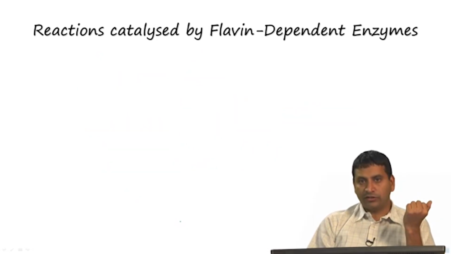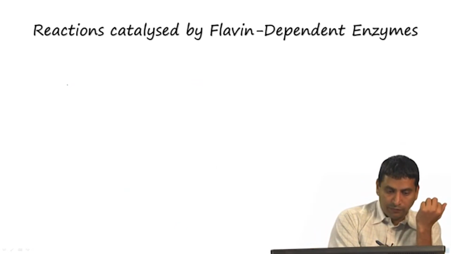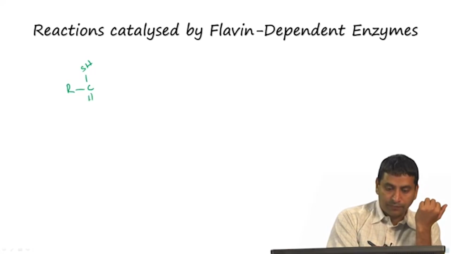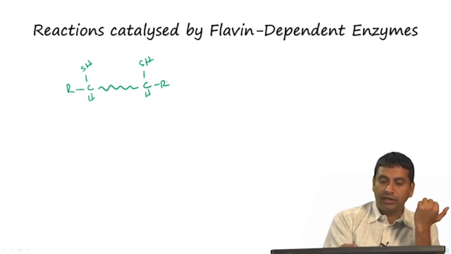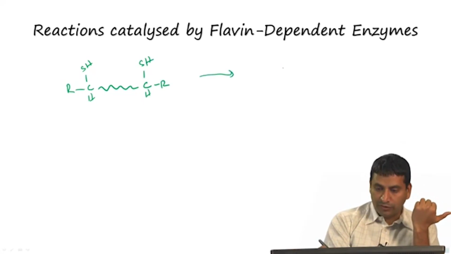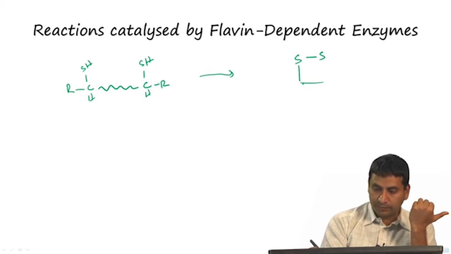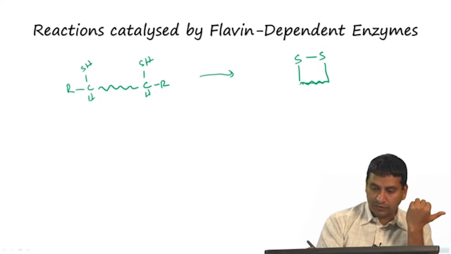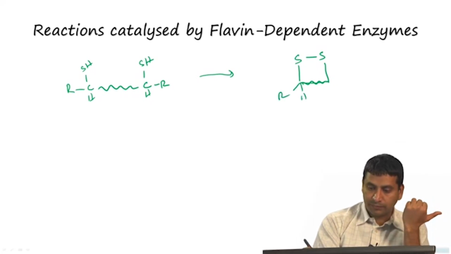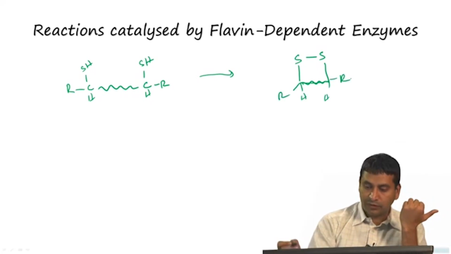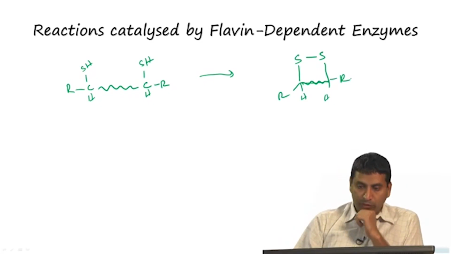The next class of reactions is the formation of a disulfide bond. So, you can have R C S H, you can have a long chain maybe with another SH over here, and this can undergo oxidation to produce a disulfide linkage such as this. So, this is the next one possible.